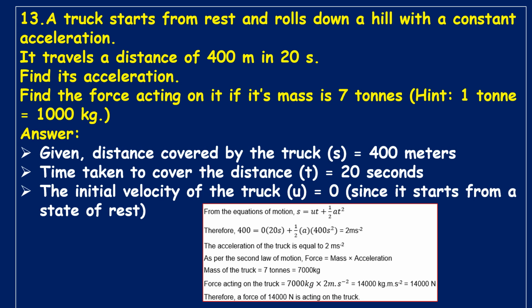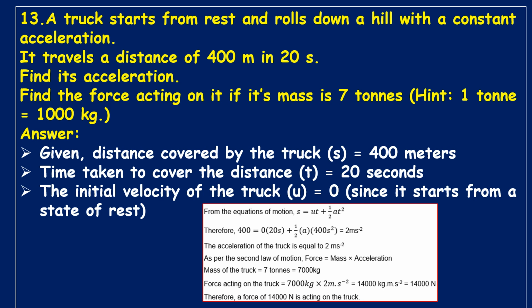Now if you substitute all the values in the equation s equals ut plus half a t square, you will get 400 meters distance equal to initial velocity 0 times 20 seconds, plus half into a into 20 square, that means 400.